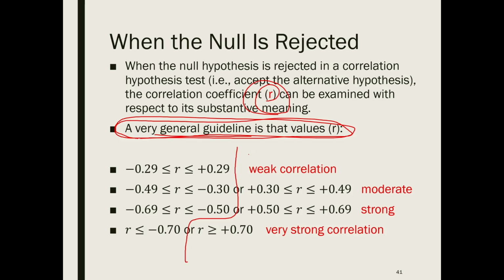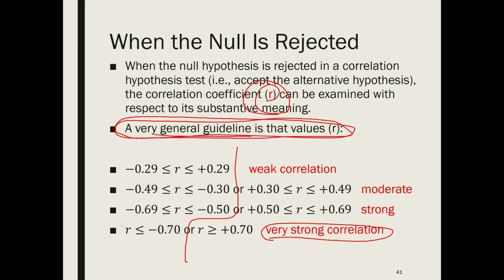For the negative correlation, a moderate relationship is when R is between negative 0.49 and negative 0.30. A strong correlation is between negative 0.69 and negative 0.50. A very strong correlation is when the coefficient is less than negative 0.70.